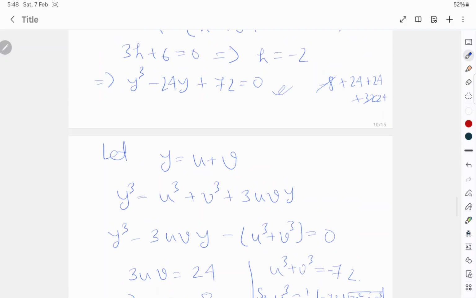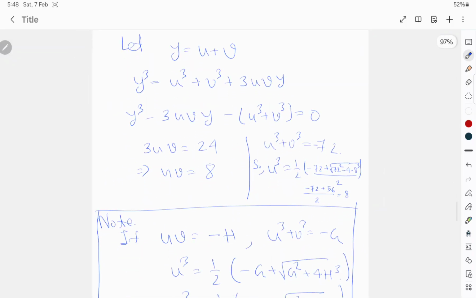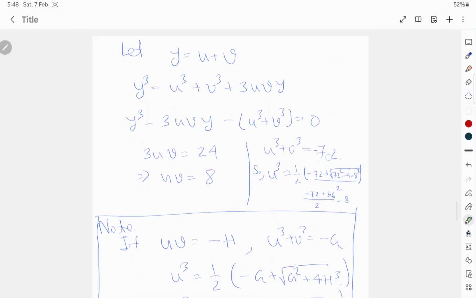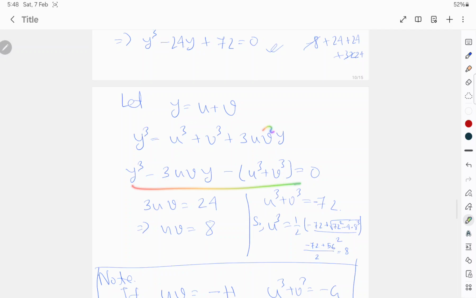Now if you compare this expression with your previous one, this 3uv term is your 24, right? Second, u cube plus v cube is your minus 72, right? This is the thing.